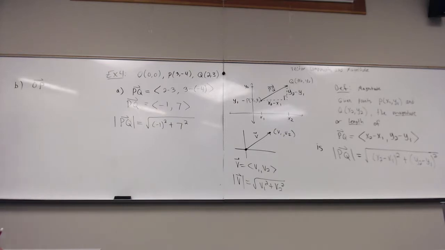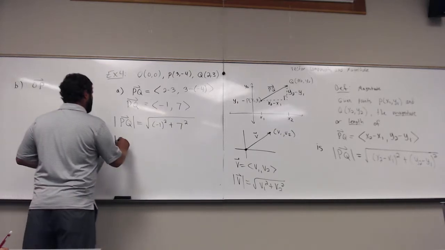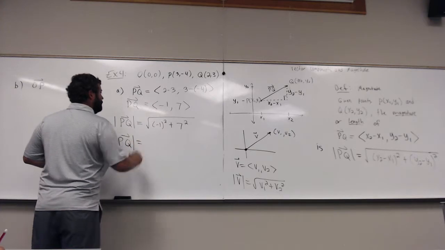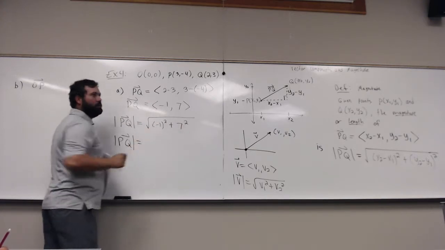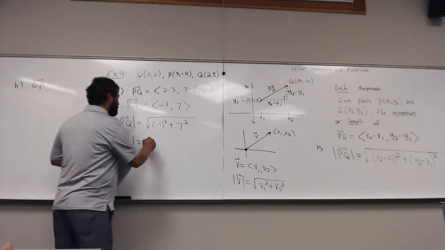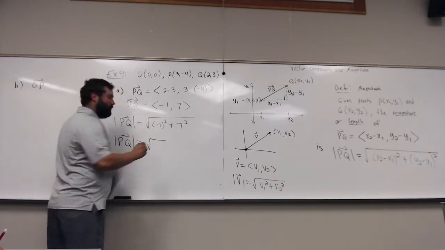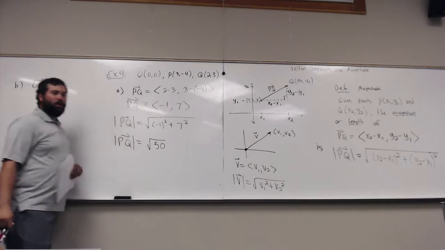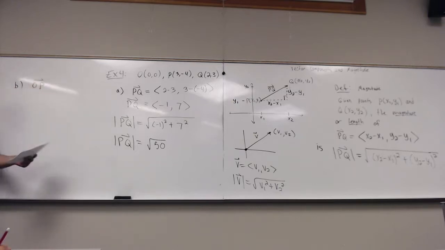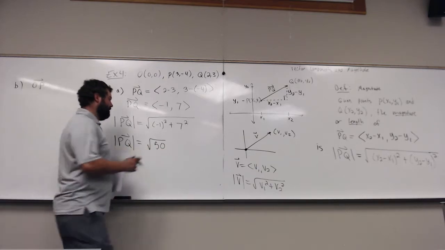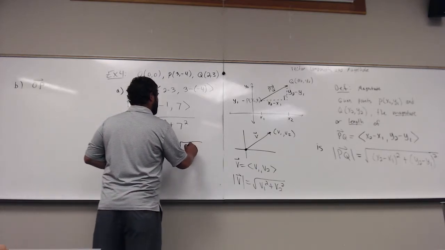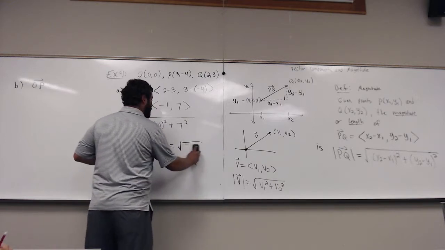So that would give you the length of the vector. And let's see, we're going to get minus 1 squared is 1 plus 7 squared, which is 49. And we get the square root of 50. Every time I have a chance to simplify something, I just do it out of habit. So the square root of 50 can be simplified. That's the square root of 25 times 2.